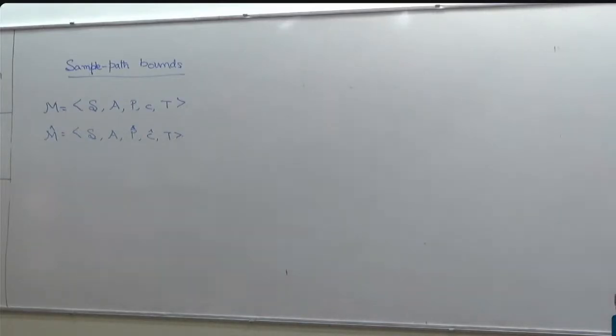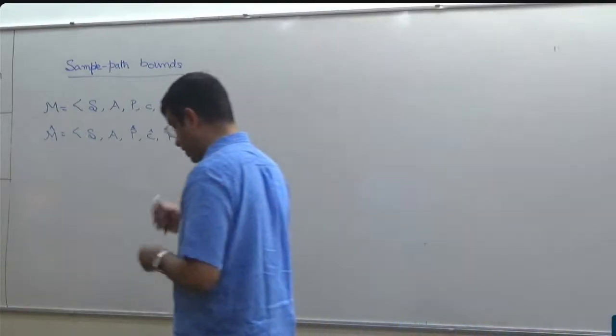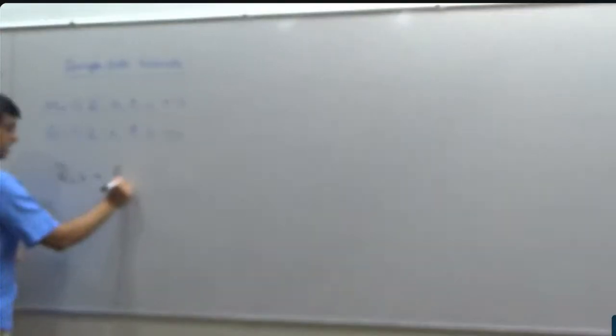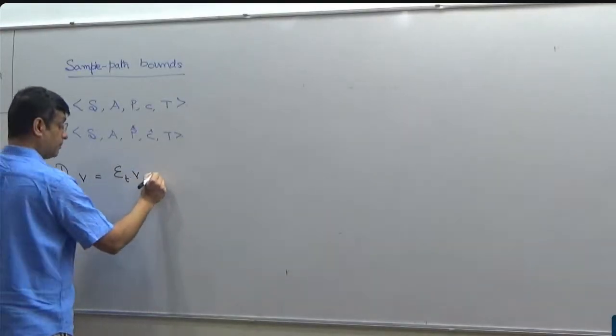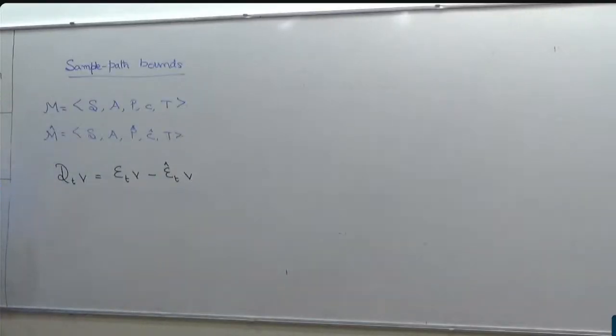Now, we'll follow the basic style of analysis that we have been doing. I'll look at the mismatch operator. So, D_t of v was E_t of v minus E hat_t of v. But what we have done so far is I have been trying to take the sup norm of this and get bounds on the sup norm. I'll not take the sup norm, I'll try to get bounds without taking the sup norm.